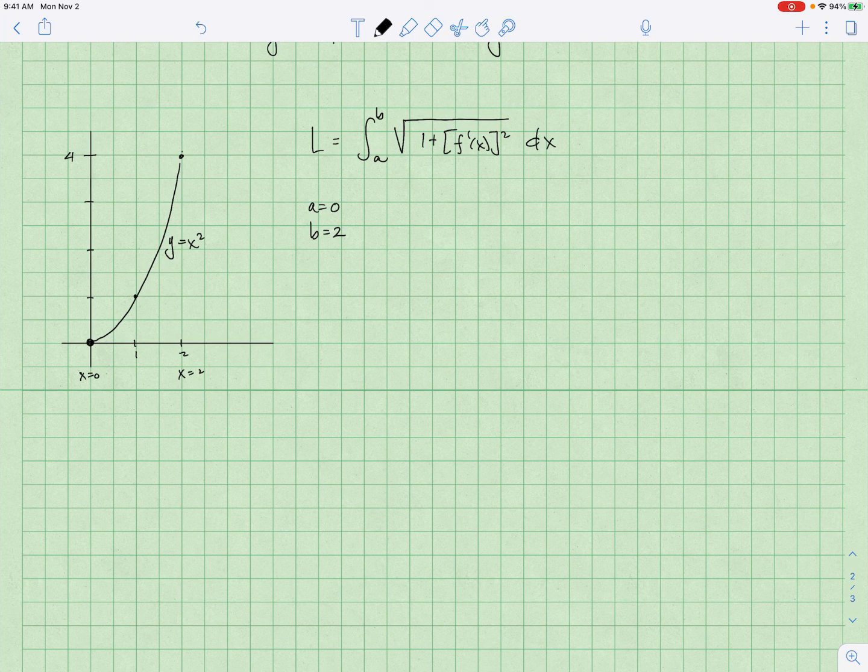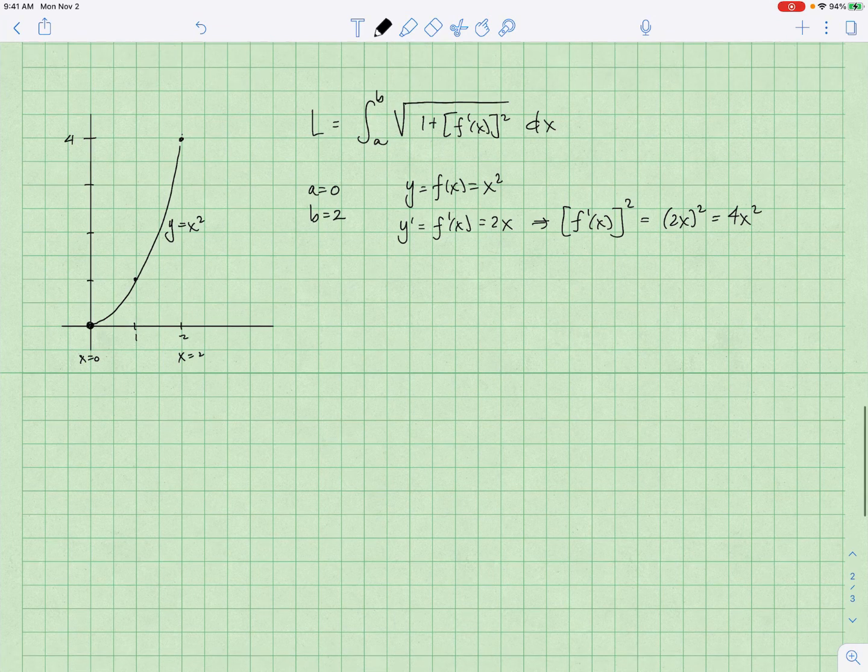And if y is equal to f of x is equal to x squared, then y prime equal to f prime of x is equal to 2x, and that makes f prime of x quantity squared equal to 2x squared, which is 4x squared. L is the integral from 0 to 2 of the square root of 1 plus 4x squared dx.